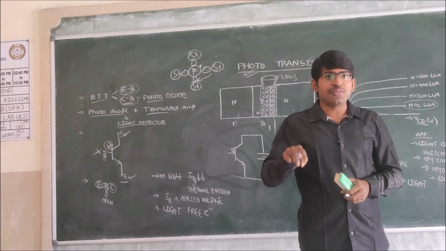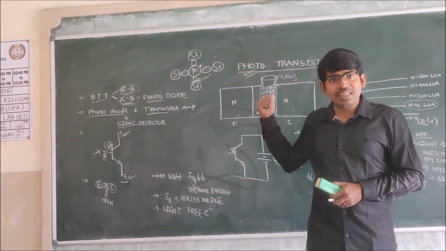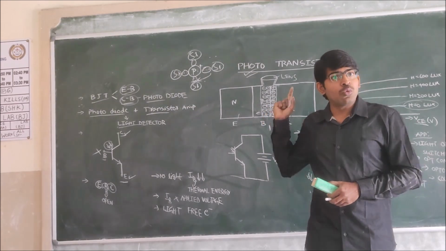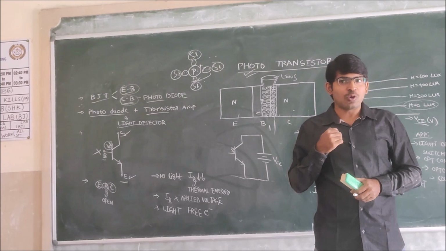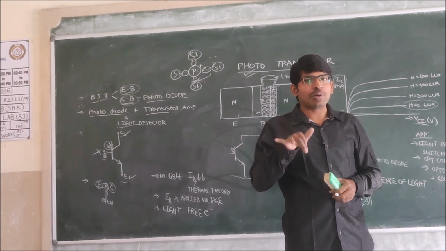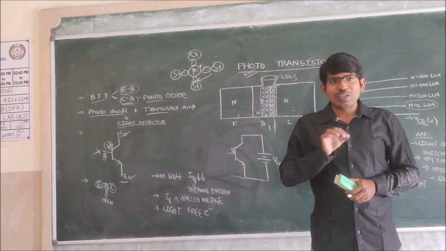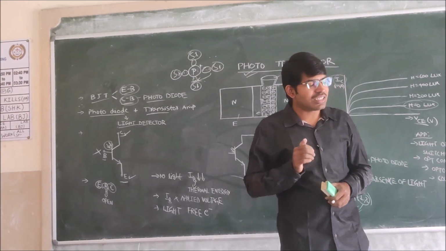At the receiving end, we have to convert the light signal to an electrical signal again. At that time, we require the phototransistor. If you are at home and your TV is connected to optical fiber, you are receiving the light signal, but your TV will not understand the light signal.